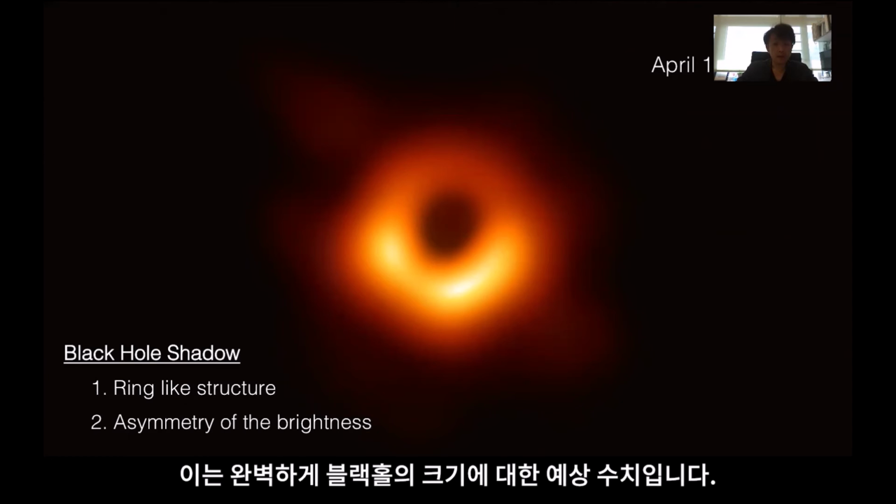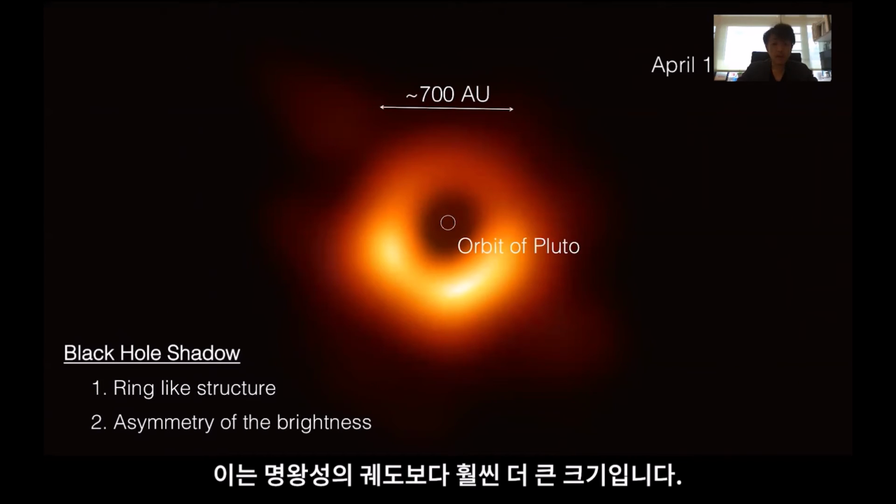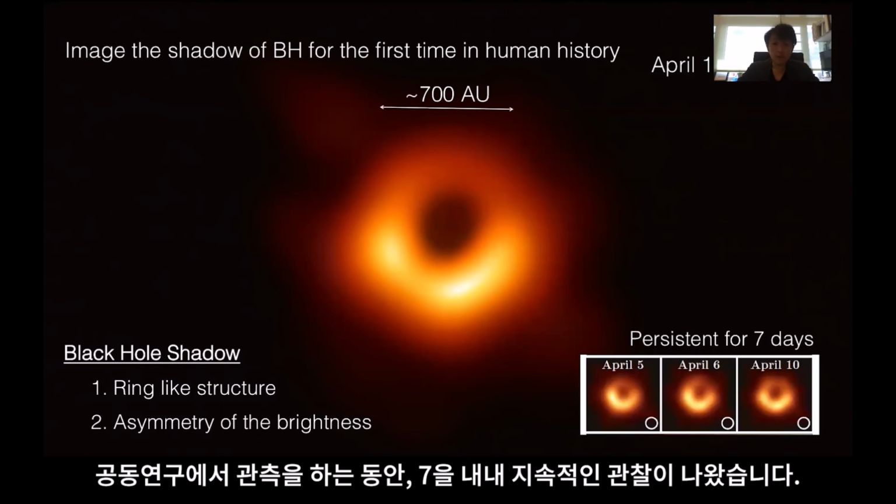As a comparison, the size of this ring is 700 AU, much larger than the orbit of Pluto. The EHT collaboration made four epoch observations, and we see a persistent structure across the four epochs.